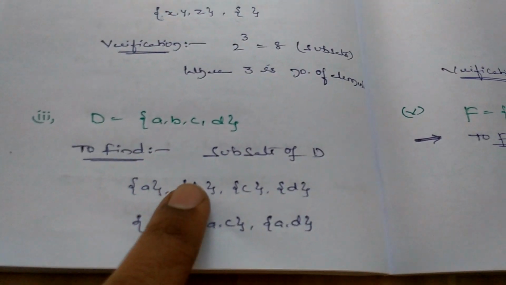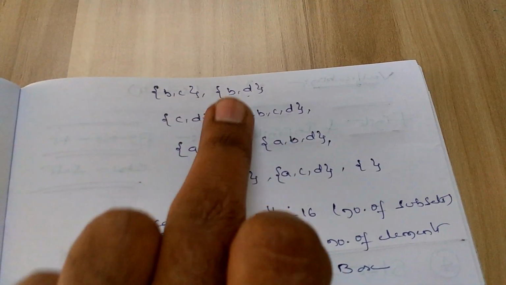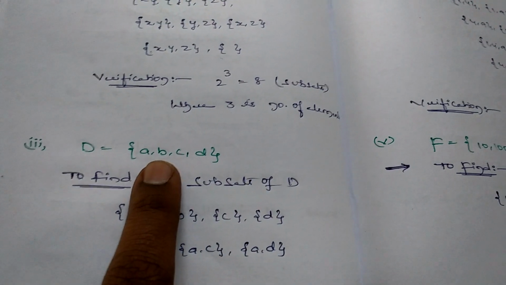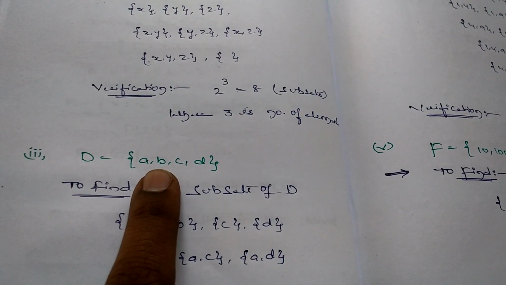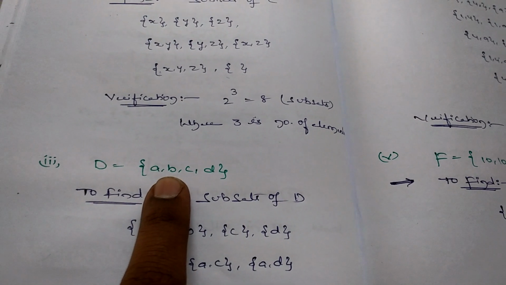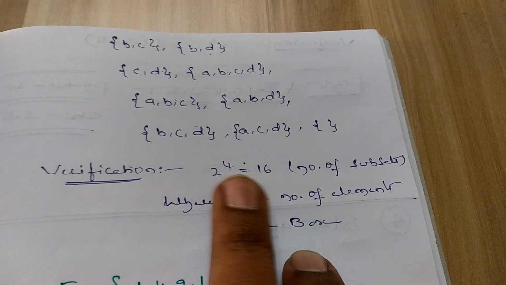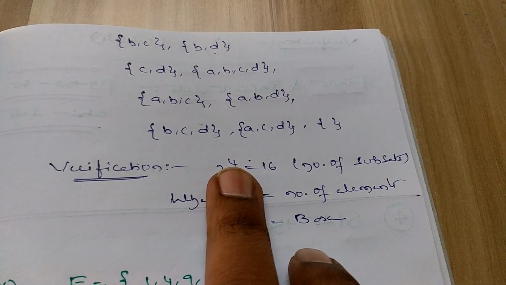If you count how many you got: 1, 2, 3, 4, 5, 6, 7, 8, 9, 10, 11, 12, 13, 14, 15, 16. So when the elements are 4 in the set, we get 16 subsets, guys. This is the formula for verification purpose: 2 power 4, where 2 is the base and 4 is the number of elements.